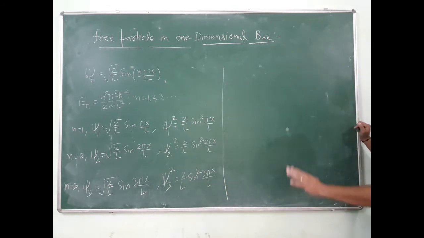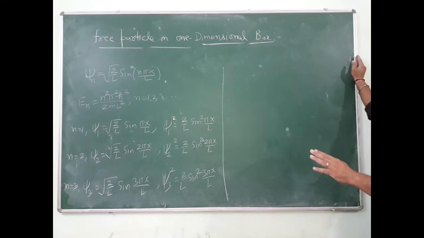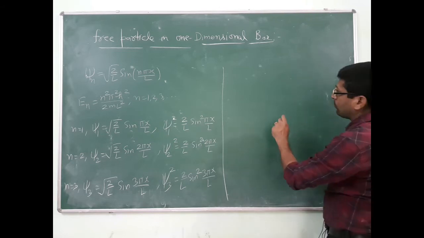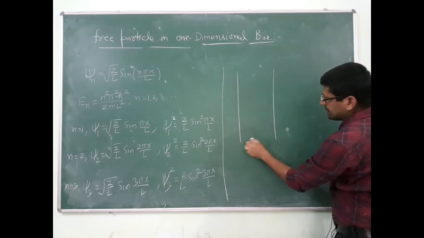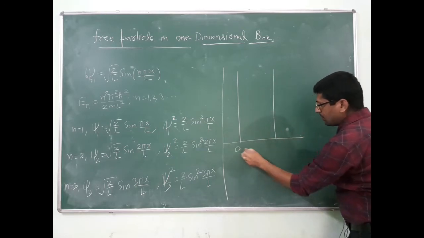Now if we plot these wave functions as well as the probability of finding the particle together, what will we get?